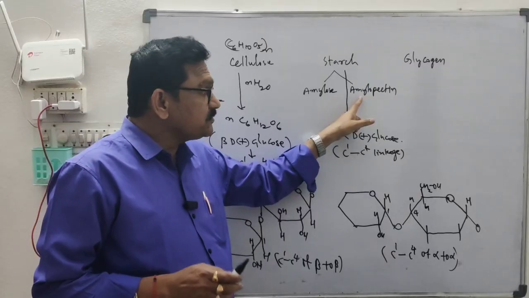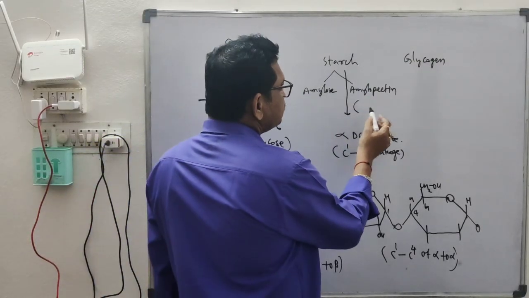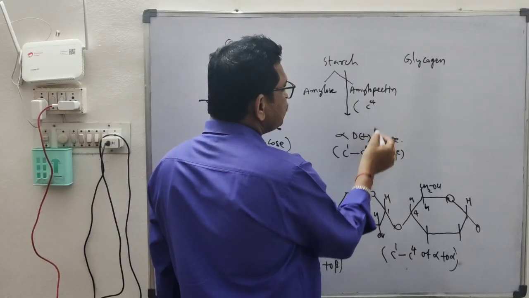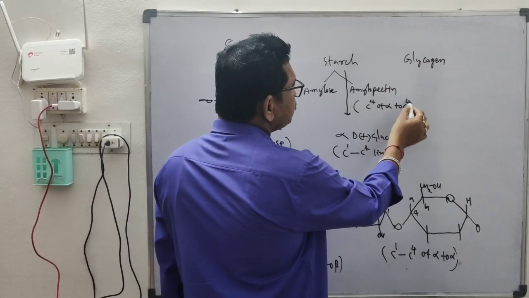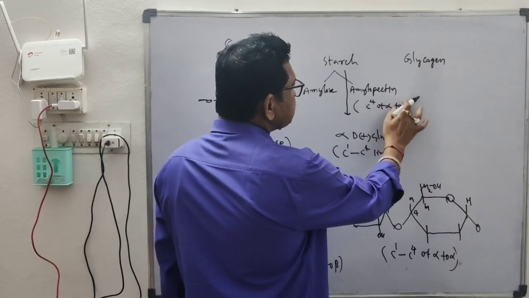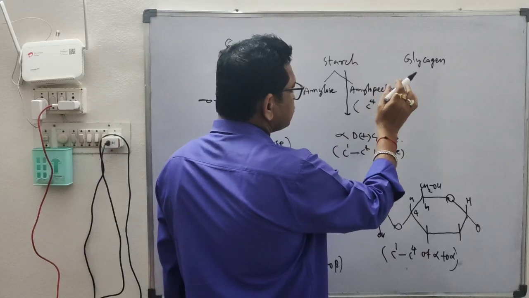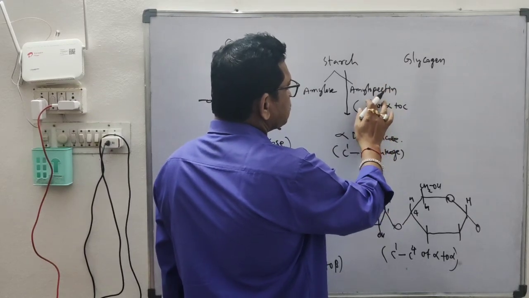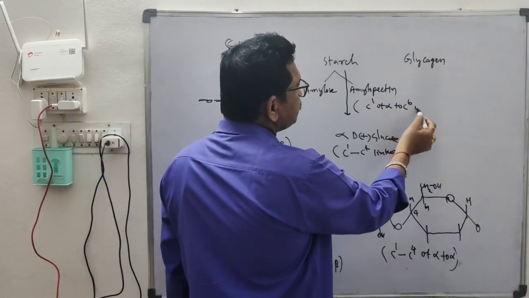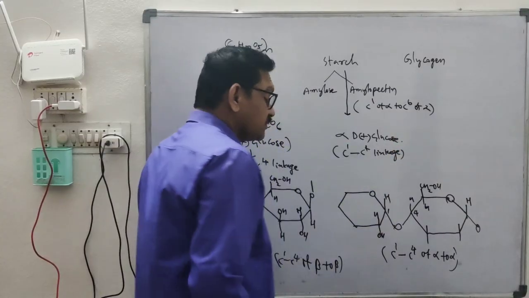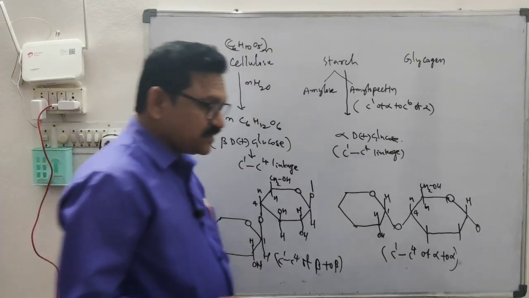But what about amylopectin? Here in amylopectin there is a link between C1 of alpha and C6 of alpha, not C4. How to remember this one? See here what happens.